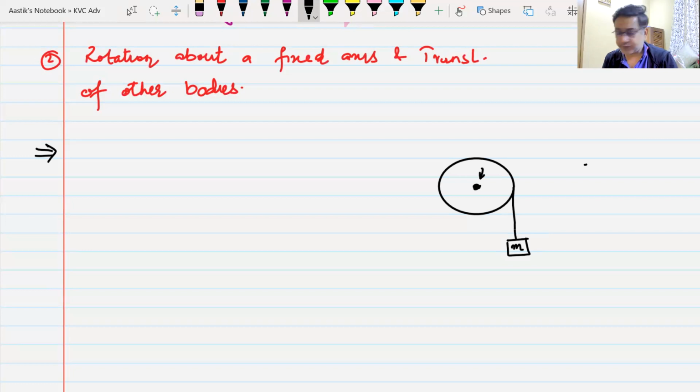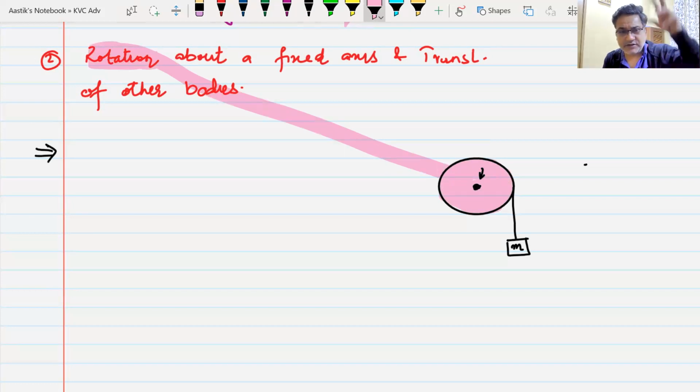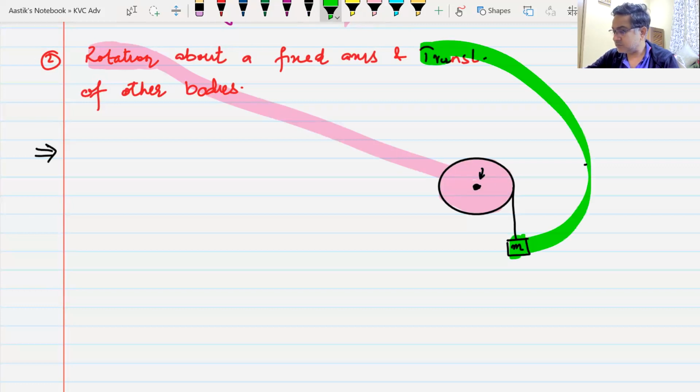So this pink body would be in pure rotation, nothing else happening. And this green body would be in pure translation. Do we understand this?